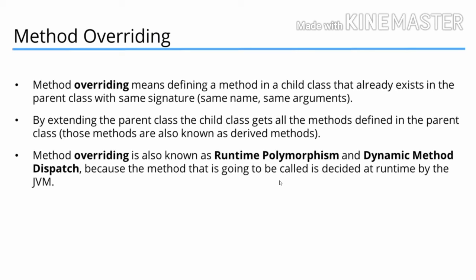Method overriding means that a method in a child class already exists in the parent class with the same signature, meaning same name, same arguments. As we saw in the previous code, the Animal and Dog classes both have an eat method: the eat method in Animal has no args, and the eat method in the Dog class also has no args.